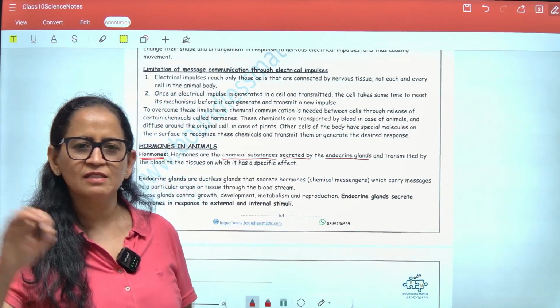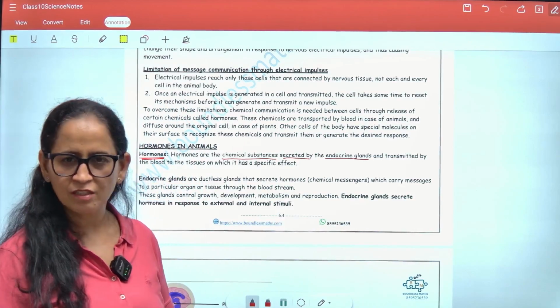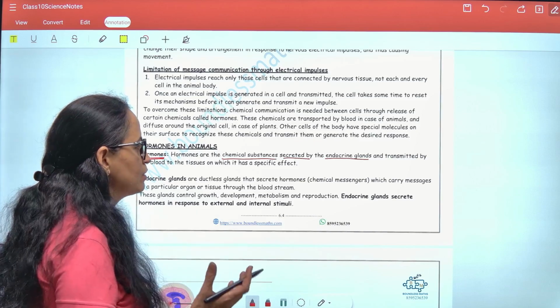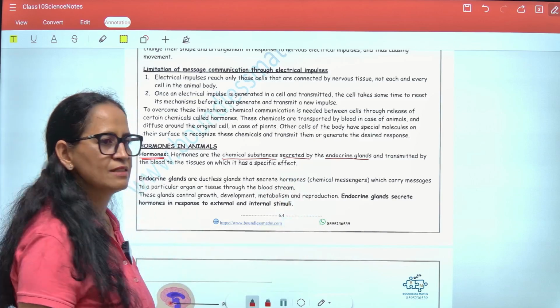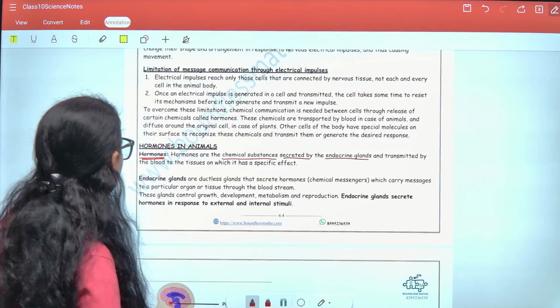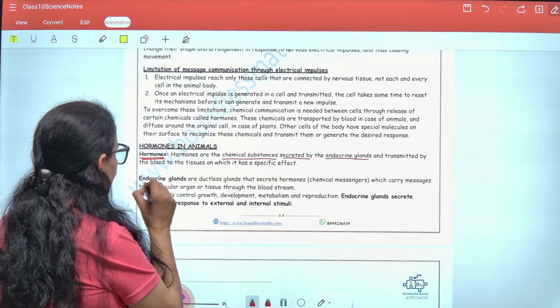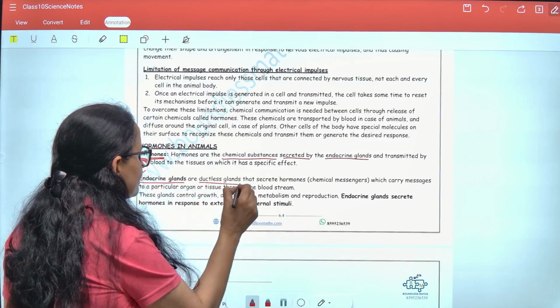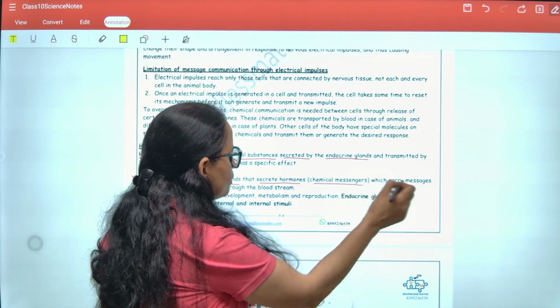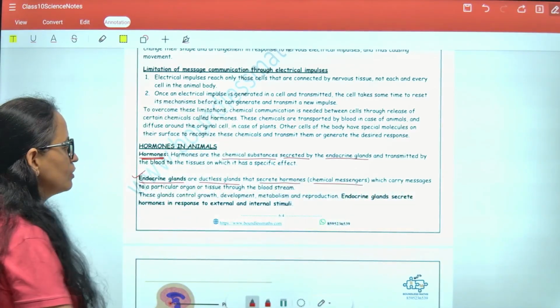They release their secretions directly into the bloodstream without storing them anywhere temporarily, right? So these glands are called endocrine glands that release their hormones or chemical substances directly into the blood. What are endocrine glands? They are ductless glands that secrete hormones or the chemical messengers which carry messages through the bloodstream.